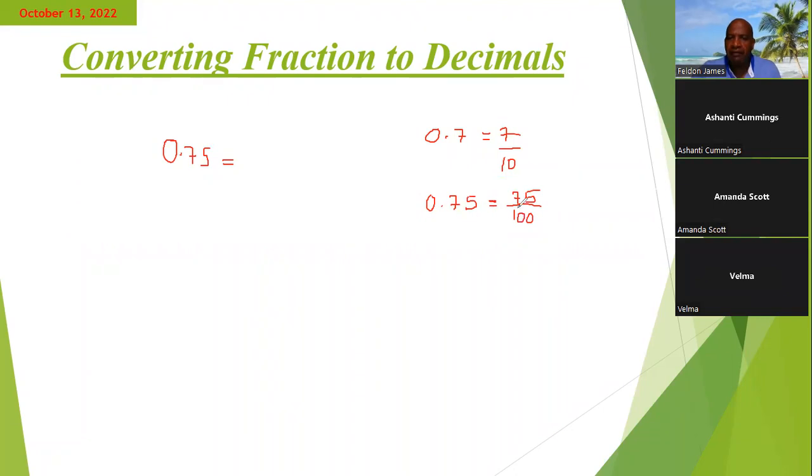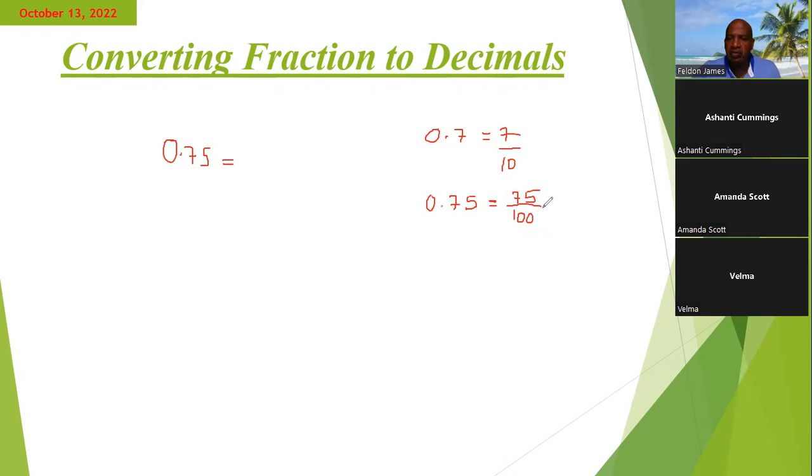Now, having written the denominator with 2 zeros, the numerator is going to be the same two digits that we have after the point. So we put these in the numerator. So 75 over 100.